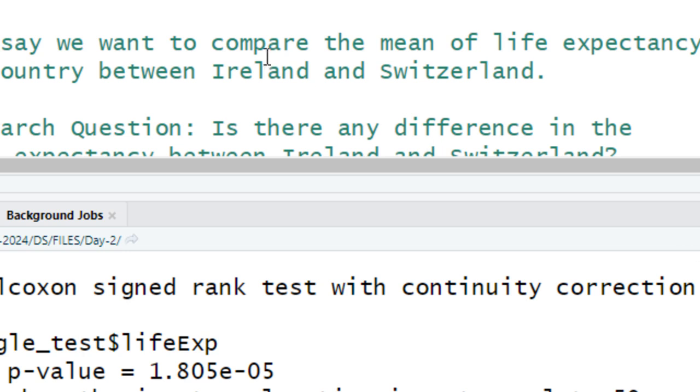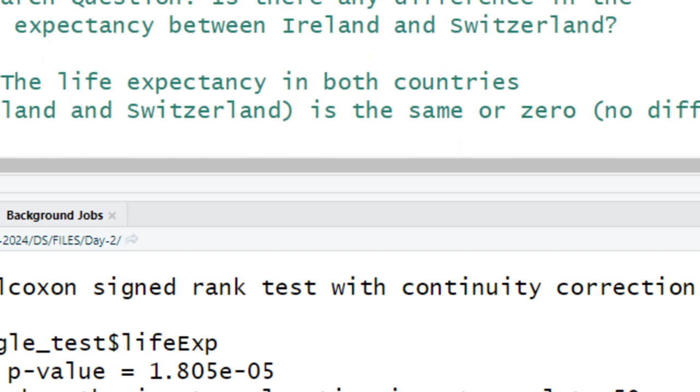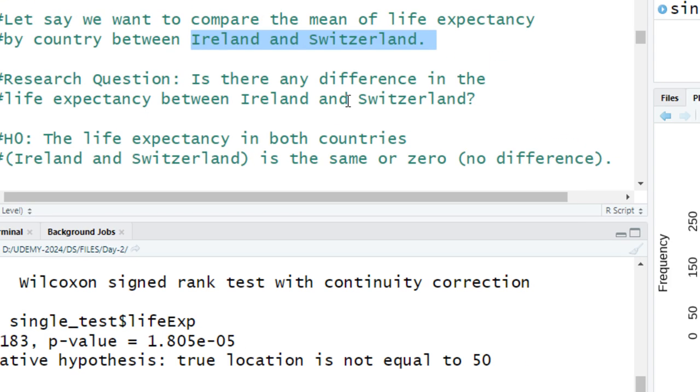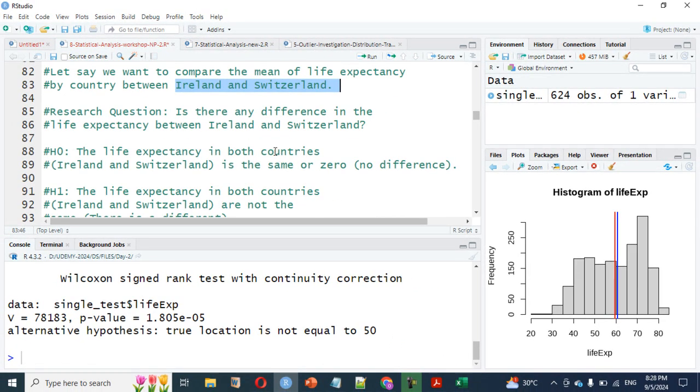So these two countries now, I want to look at them. Let's come up with a question. Is there any difference in the life expectancy between Ireland and Switzerland, between these two countries? That is our first question to consider.